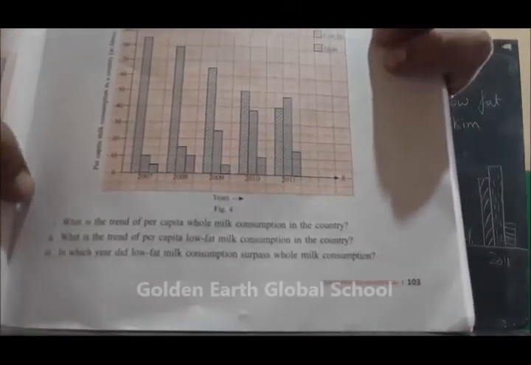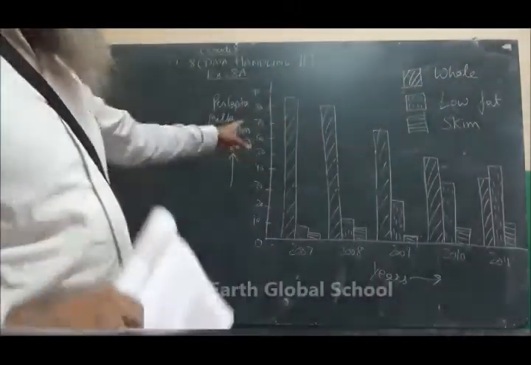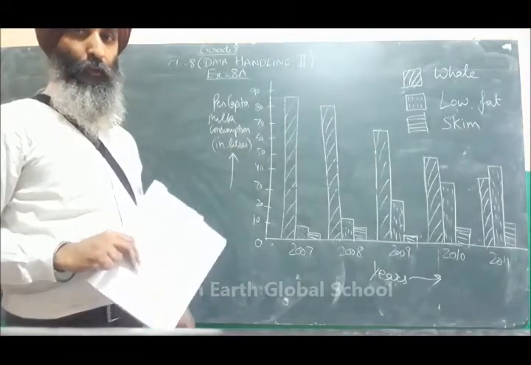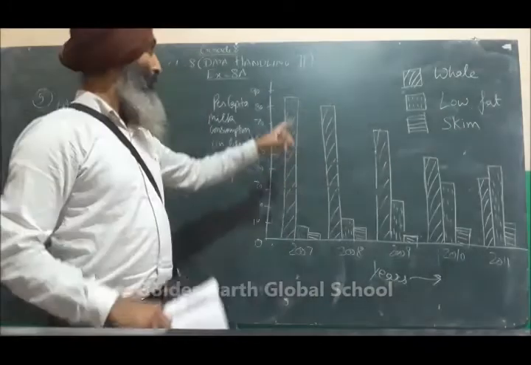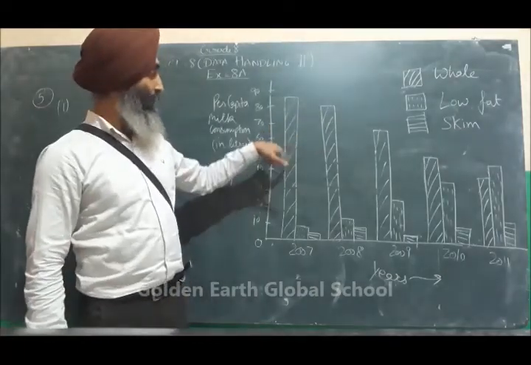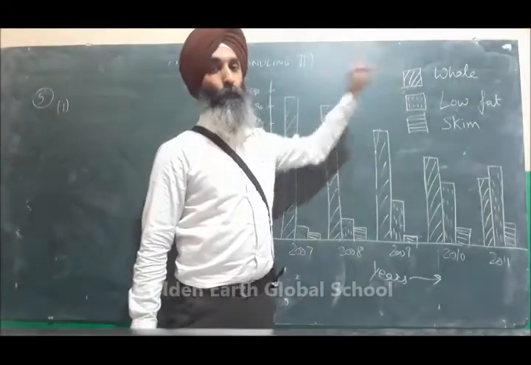Your first part, this is the bar graph, which is also mentioned in your book. Your first question is, what is the trend of per capita whole milk consumption in the country? These slanting lines represent the whole milk.